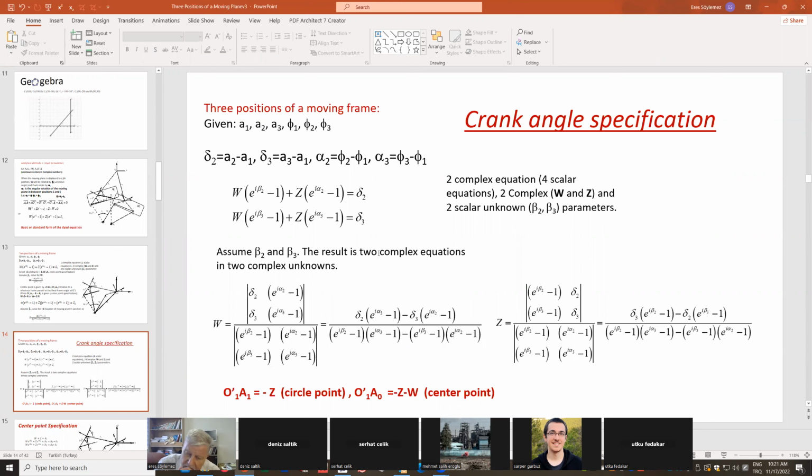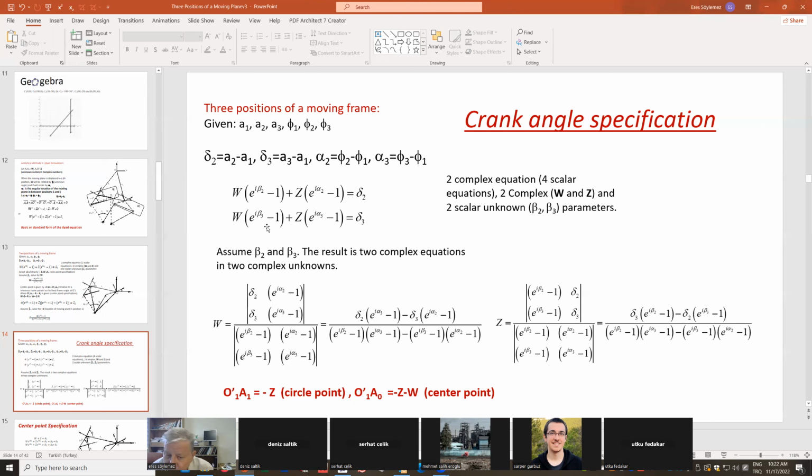But there's another way, a very simple thing. If I am given the crank angles, beta 2, beta 3, you see what happens is, if beta 2, beta 3 are given, we have 2 complex equations in 2 complex unknowns, W and Z. Can everyone see that?